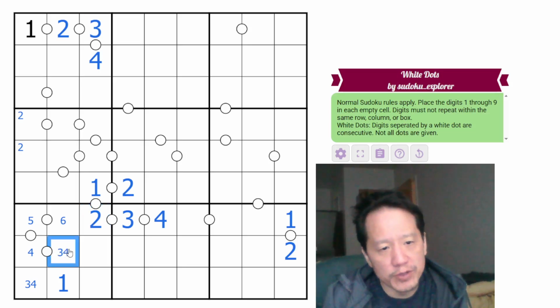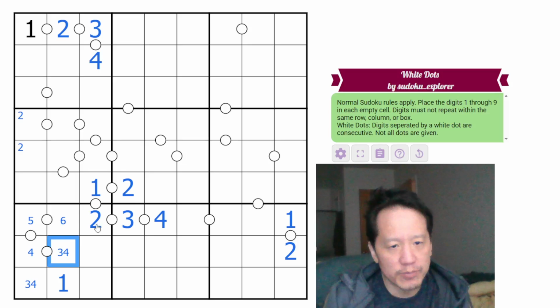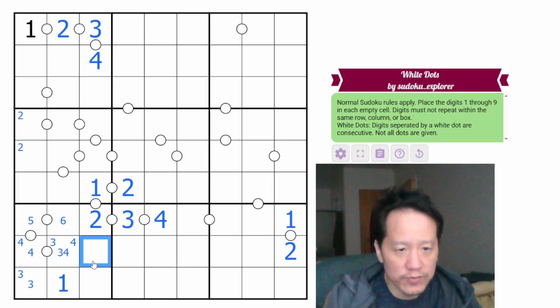So 3 could be here or it's here. 4, either way, cannot be here, right? If this is 4, 3 would be here, and then what is 3 consecutive with? It can't be 2 or 4, so therefore 4 cannot be here. So 4 has to be one of these 2 cells. 3 has to be one of these 2 cells.